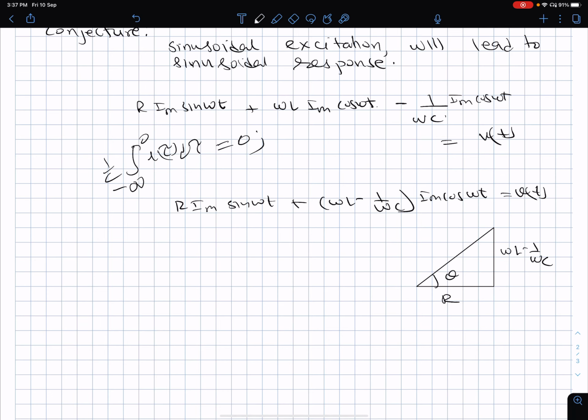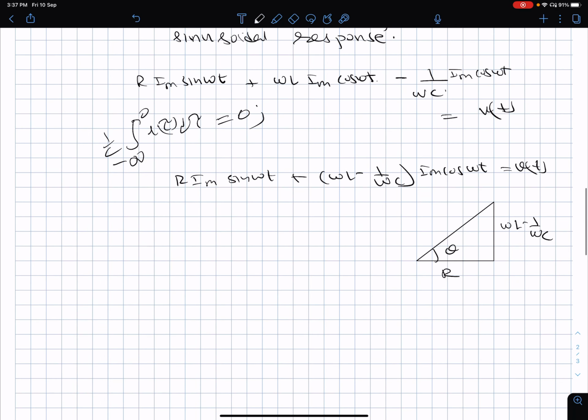This angle I'll call theta, and this is a right angle triangle. The hypotenuse I'll use the symbol Z. It is pronounced as impedance. Again, its interpretation will be very clear, why it is called impedance.